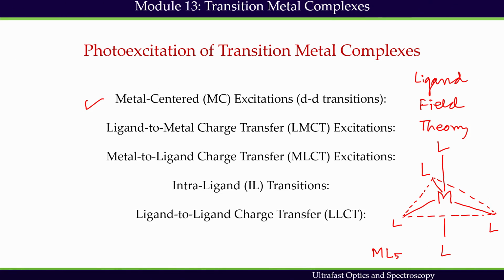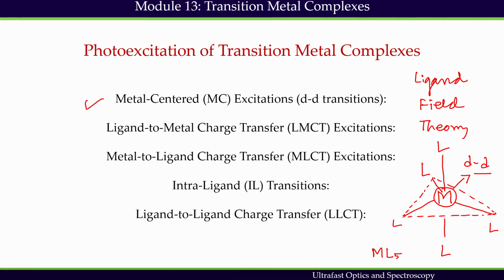In this complex, we can have metal centered excitation, where the excitation is localized in the metal only, where we can have DD transition, d orbital to d orbital transition.